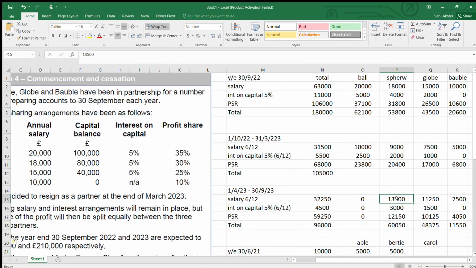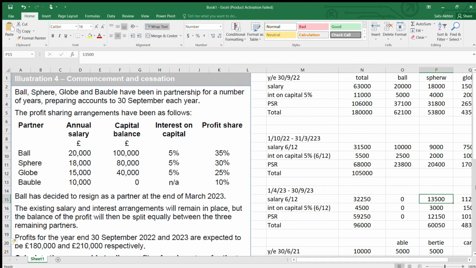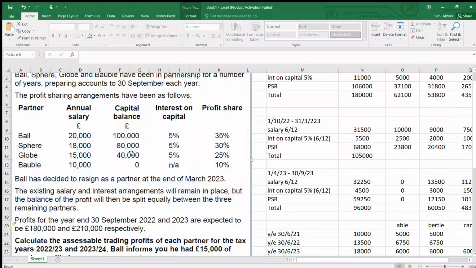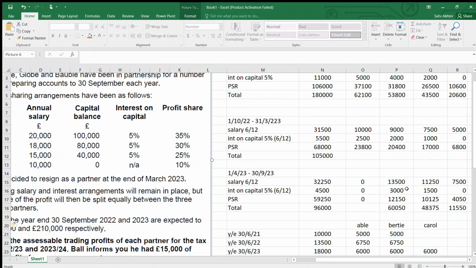Now here, Spare. New salaries are given, right? No, they haven't given new salary. For Spare, salary is 18,000. It will be divided equally. So here it will be 9,000, here it will be 7,500 and 5,000.